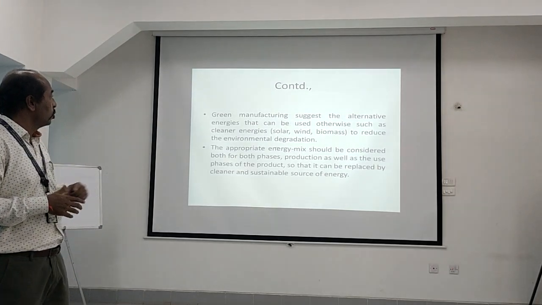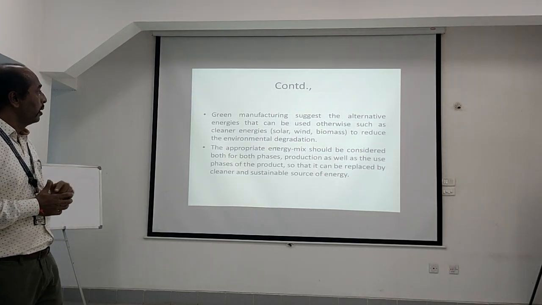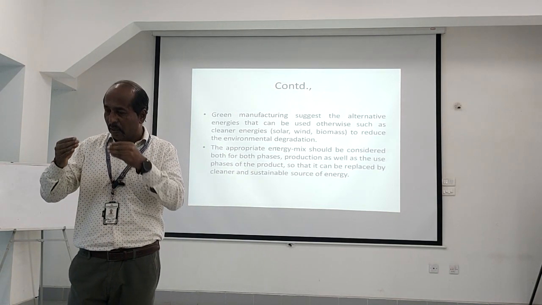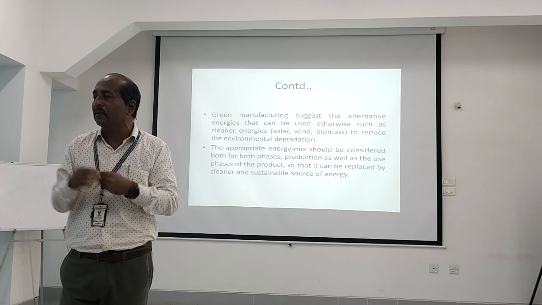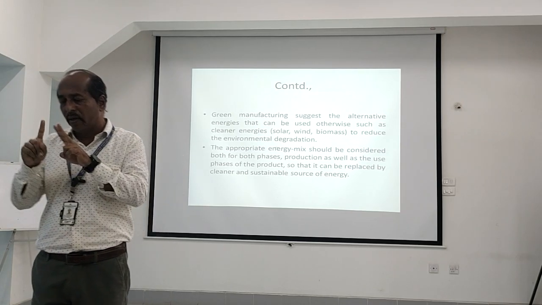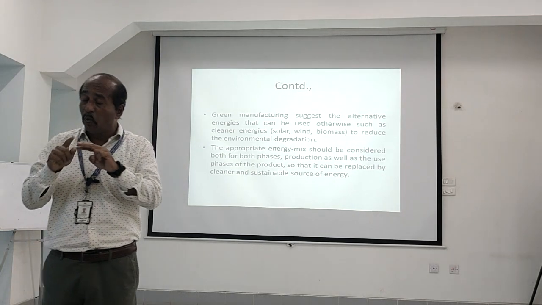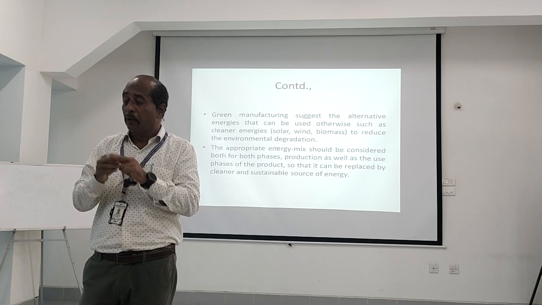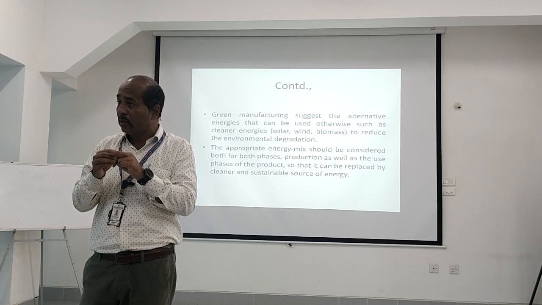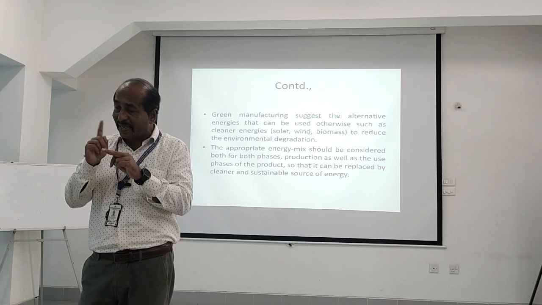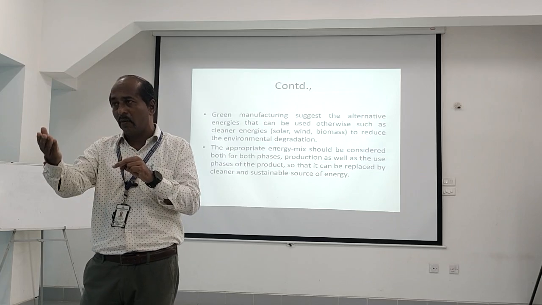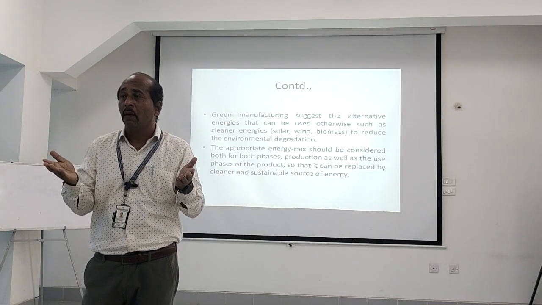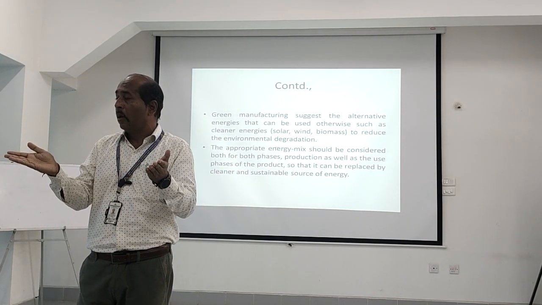Then an appropriate energy mix should be considered for both phases, the production phase and the use phase. The production phase is the manufacturing phase, and the use phase is when the product is in operation. Even in the production phase, as I pointed out earlier, if you use clean energy sources, there will be no pollution. In the use phase, for example, electric vehicles have no emissions to the atmosphere.